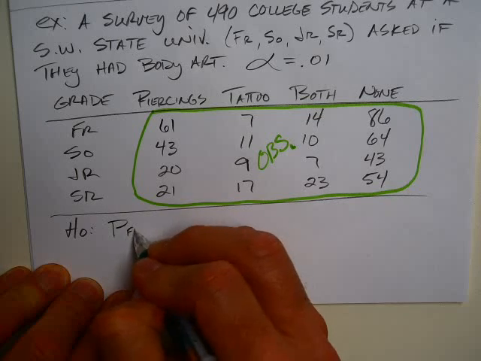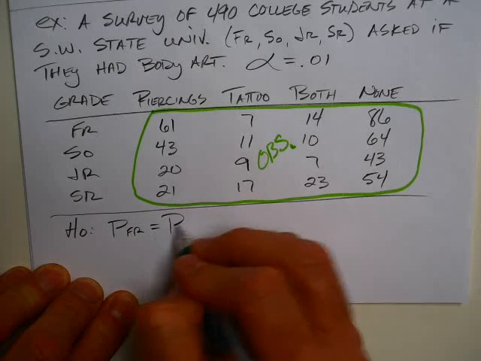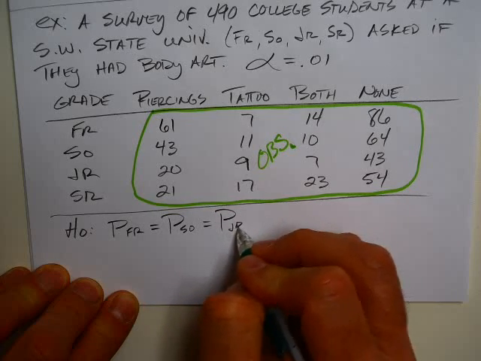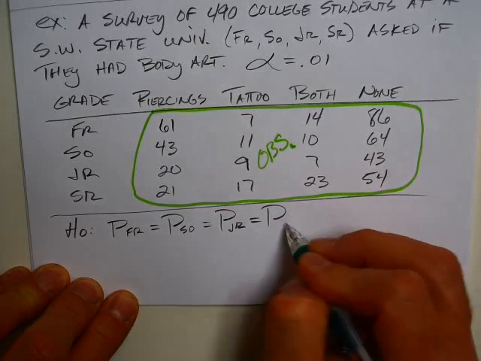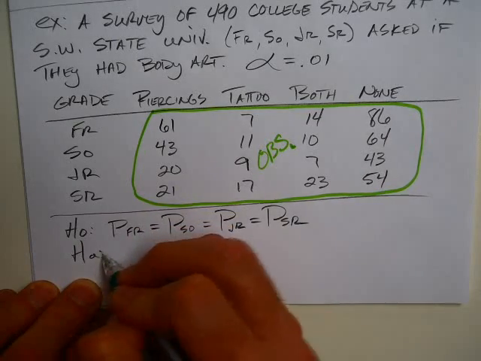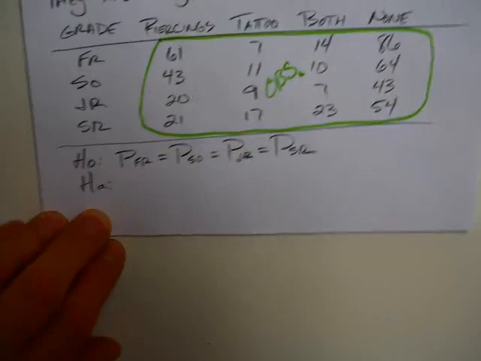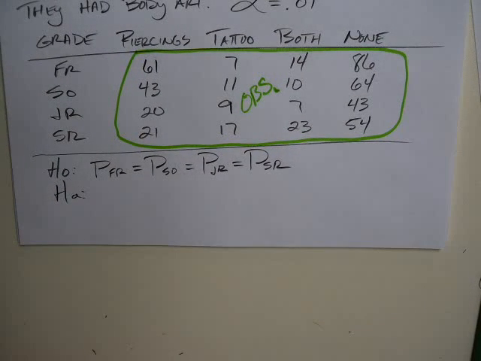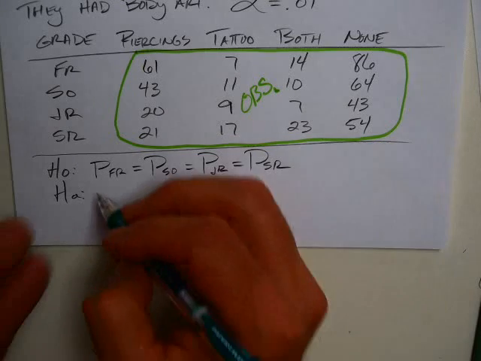The proportion of freshmen equals the proportion of sophomores equals the proportion of juniors equals the proportion of seniors. What's the alternative? With chi-square, what have we been testing against all this time? Right, there's a difference in one or more.